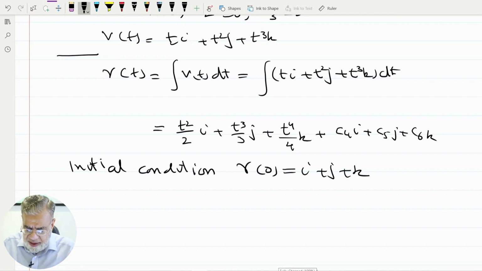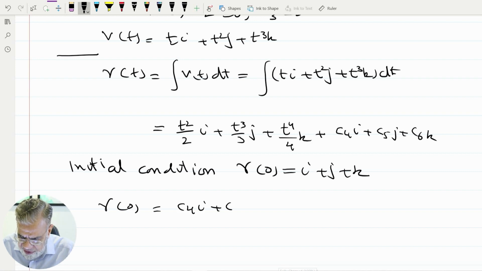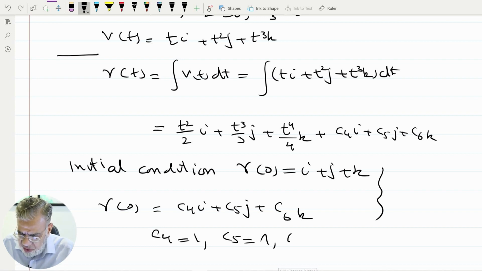When we put t equal to 0, the value of t square is 0, so we get c4 i, c5 j and c6 k. Then we compare these two vectors. They are equal, and comparing, we get c4 equal to 1, c5 equal to 1 and c6 equal to 1.